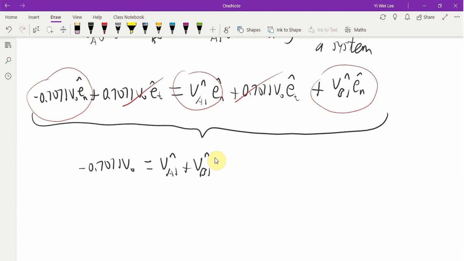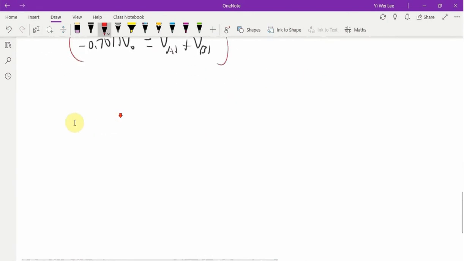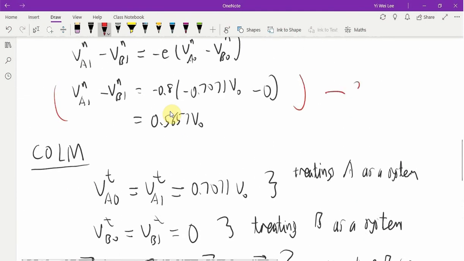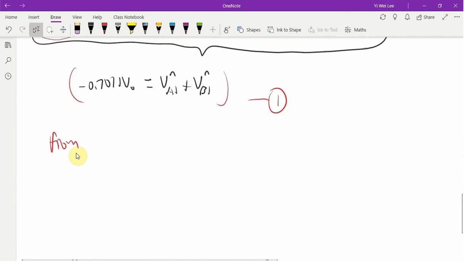So from this equation, we can do a simultaneous equation with this coefficient of restitution here, right? Let's bring down this equation. So now we have this equation, equation 1, and this equation is equation 2. From equations 1 and 2, let's just copy everything down.